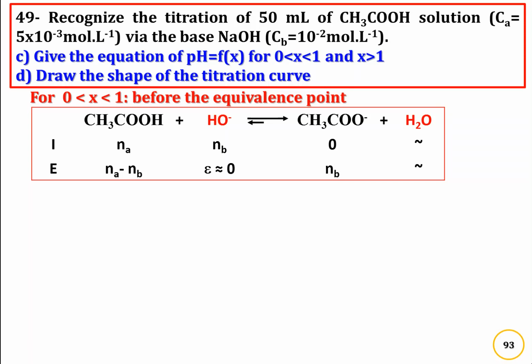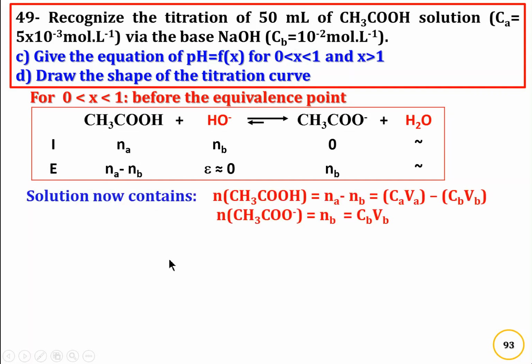Since acetic acid and acetate are of weak behavior, the exchange between them will be very weak and we neglect this exchange. So the numbers of moles of acetic acid and acetate in the final solution are practically the numbers of moles obtained at equilibrium of the reaction written.